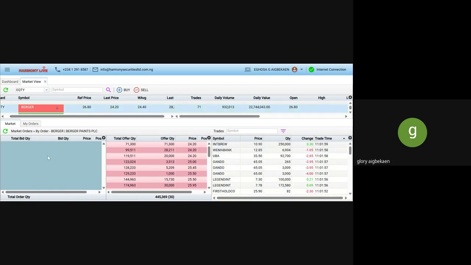But this morning, nobody wants to buy. Everybody wants to sell. You can see, even the lowest price they want to sell here is 24 naira 20 kobo. So you agree with me that it was a good decision that we sold at that 28 naira.